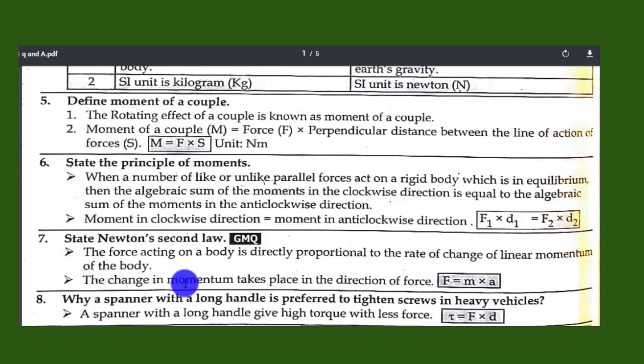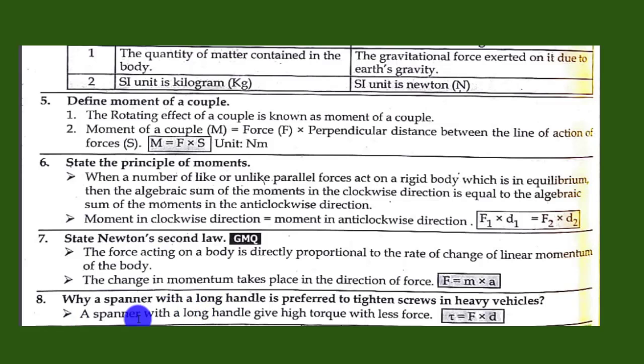Then next one is why a spanner with a long handle is preferred to tighten screws in heavy vehicles. Because we have to consider the perpendicular distance. A spanner with a long handle gives high torque with less force. You can apply only a small amount of force to do heavier work, so that we can easily remove the tires from the car by simply using a spanner with a long handle.